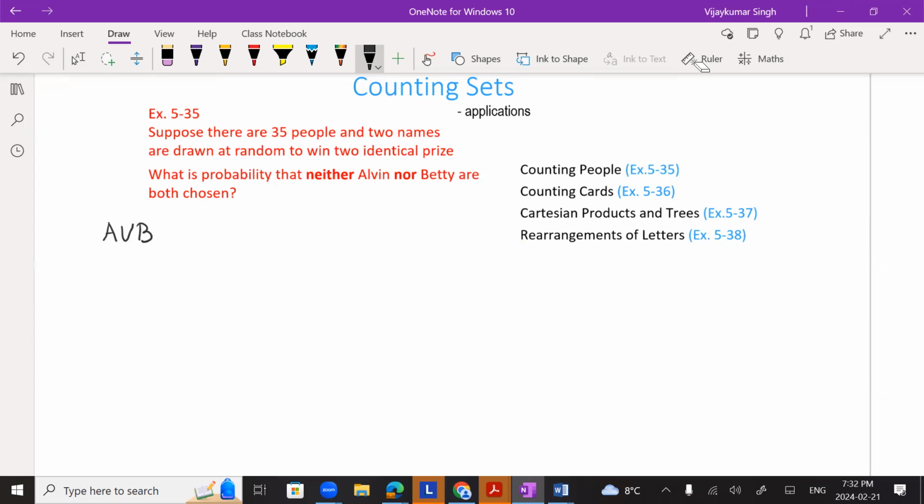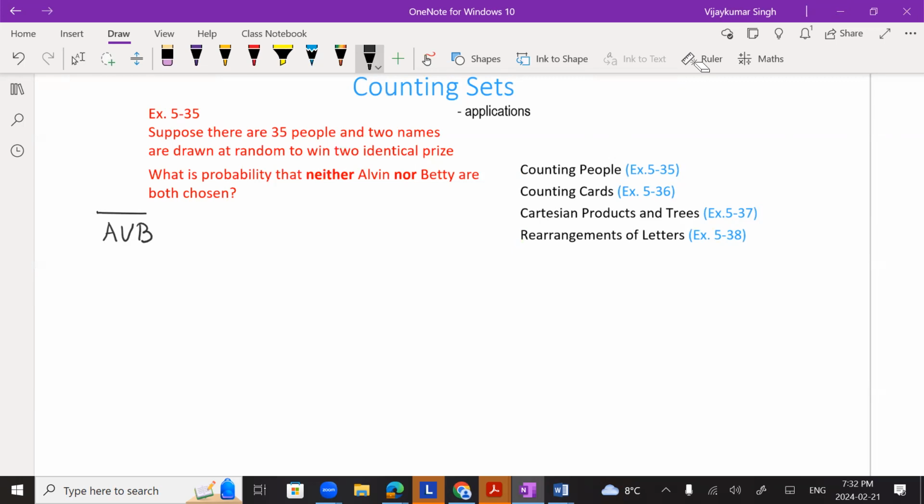So when you're saying A union B, you're saying what? It's either Alvin or Betty. One of them will show up. Do you agree? That's a union. Now, what is the complement of this? So what is the complement of A union B?